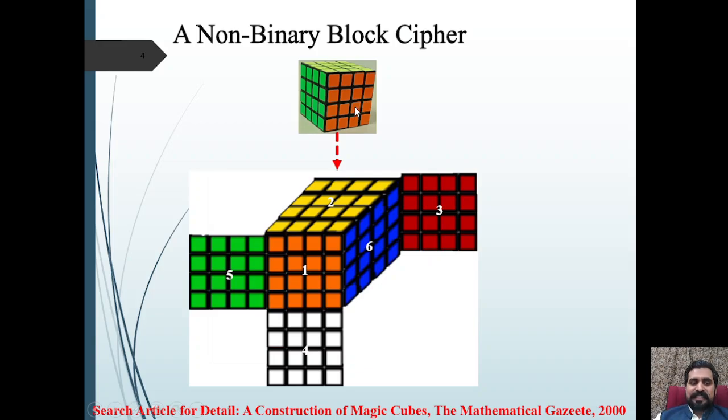In computer science research, the adoption of three-dimensional structures such as the cube in grid computing and the magic cube toy in the design of image encryption algorithms has inspired this research to create a permutation element for the non-binary block cipher.